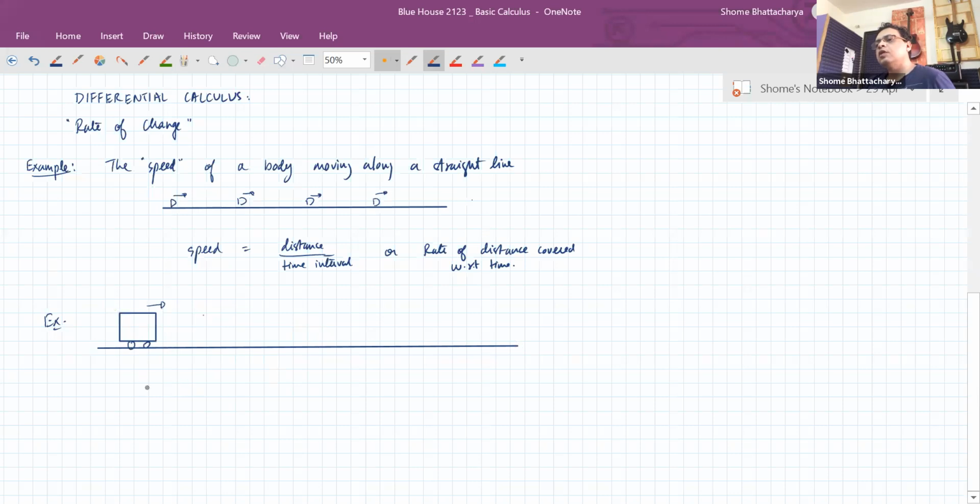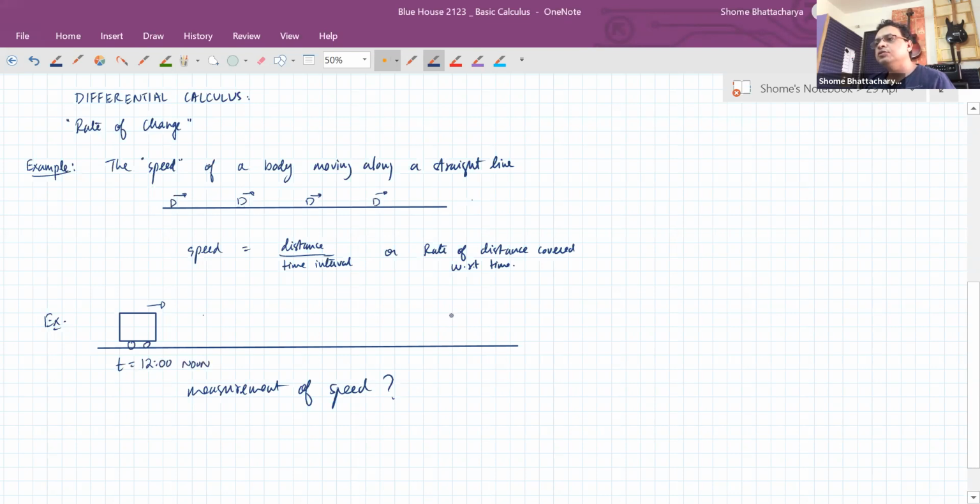How do we do the measurement of speed? Any idea? Sir, we calculate the distance traveled by it and then divide by time. Okay, so we might do something like this: suppose this is where we started. At that point of time, the time was, let's say, exactly 12 noon.